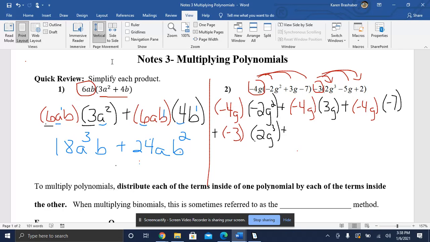We'll add, we'll take negative 3, multiply that by negative 5g, add, and then finally take negative 3 and multiply that by 2.